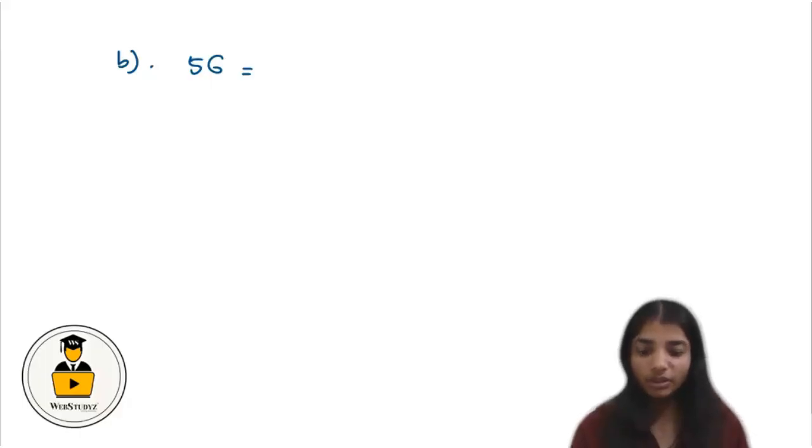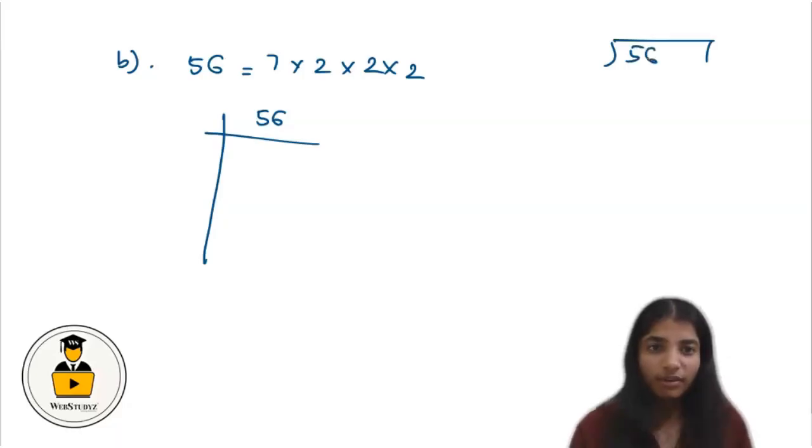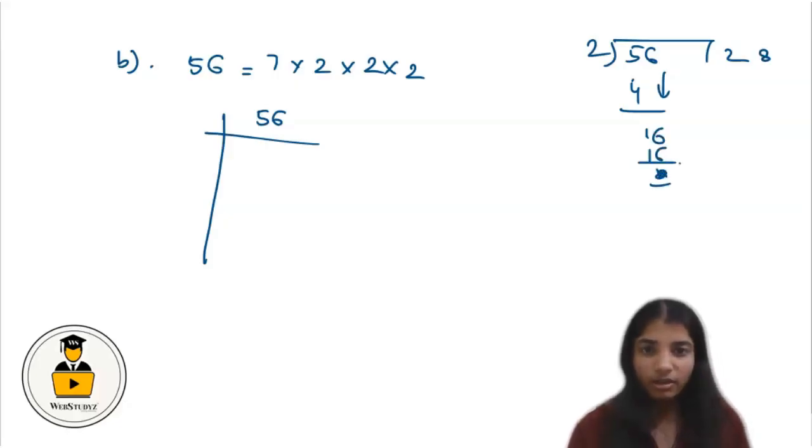56 is equal to 7 multiplied by 2 multiplied by 2 multiplied by 2. In order to determine whether prime factorization is done here or not, we are going to find the prime factors of 56.